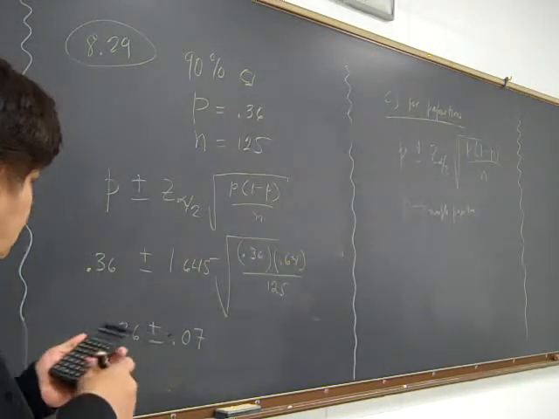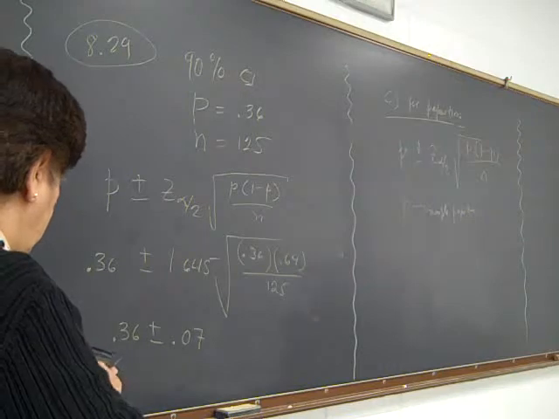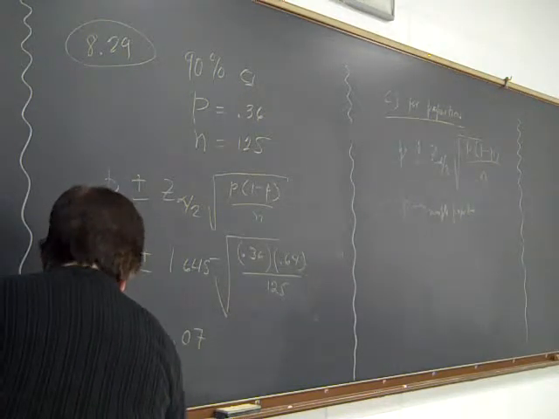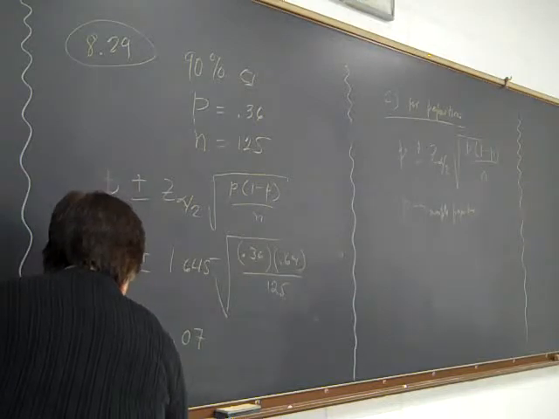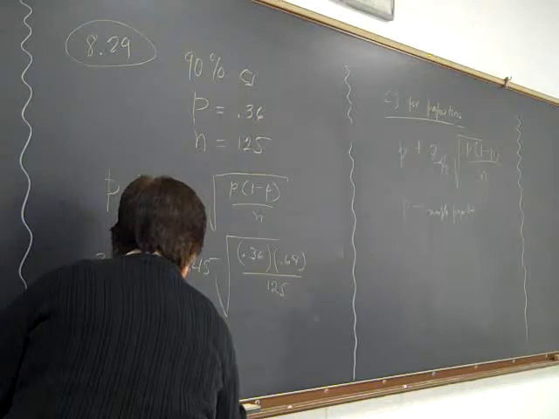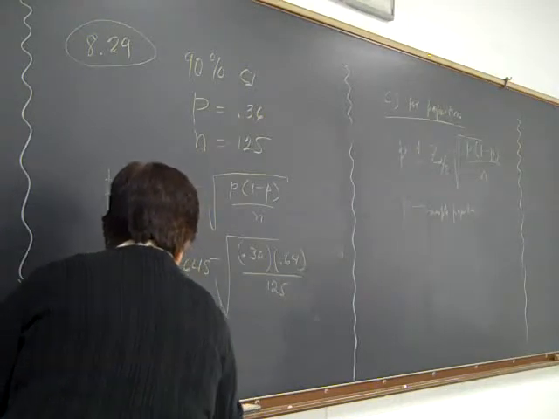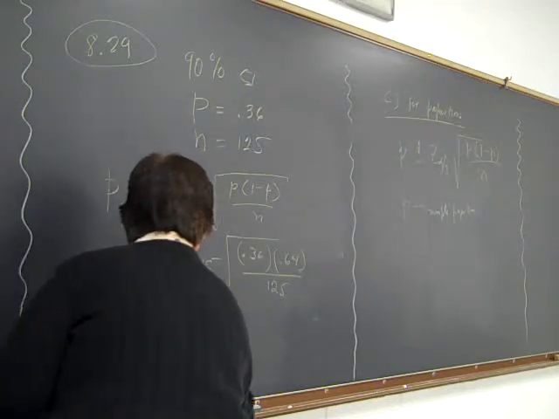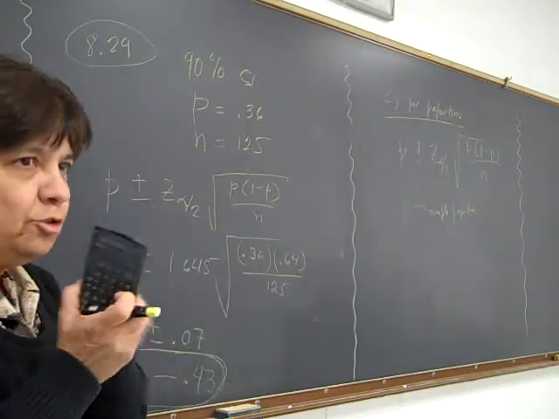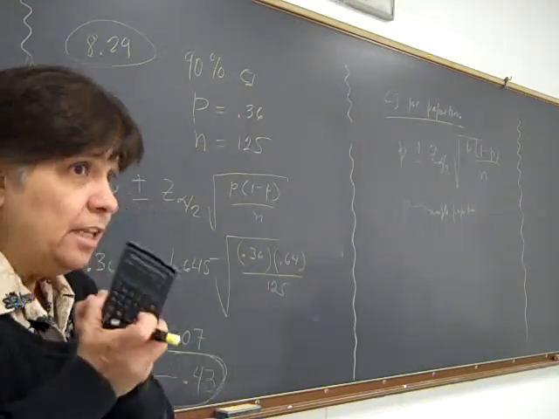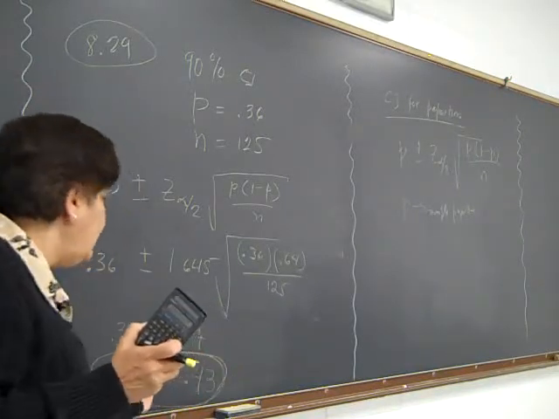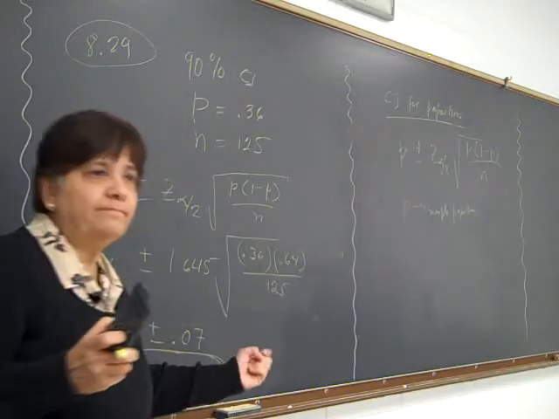So I am saying that 0.29 through 0.43 is my confidence interval. So I'm saying that I am 90% sure that the real population proportion is between 0.29 and 0.43.